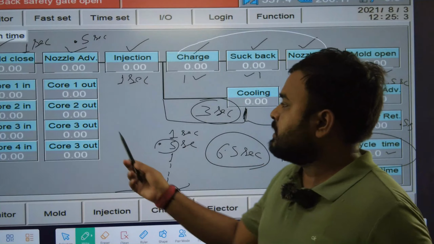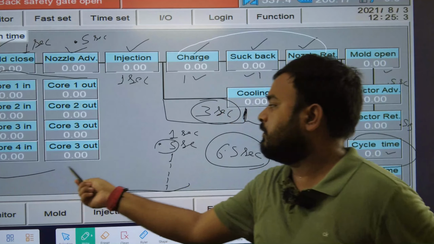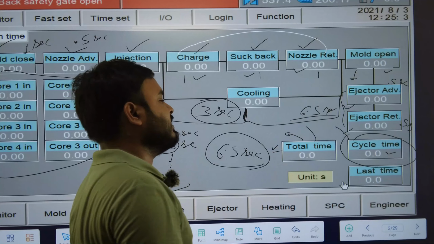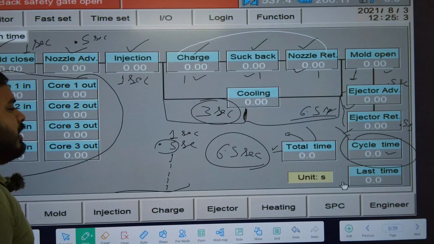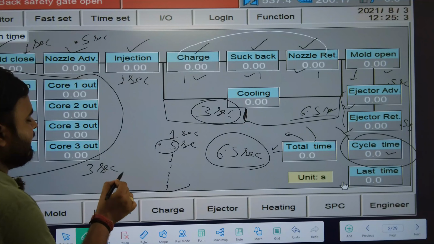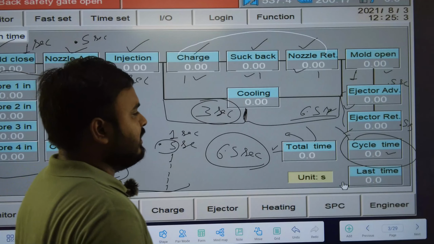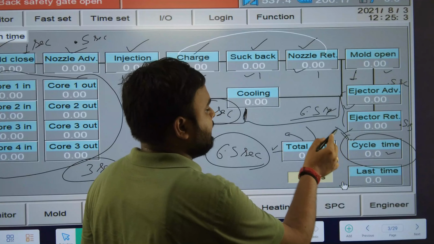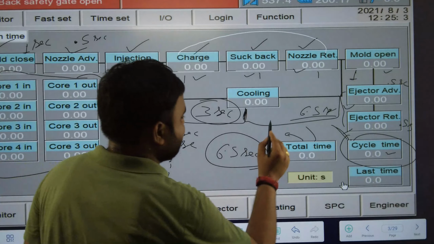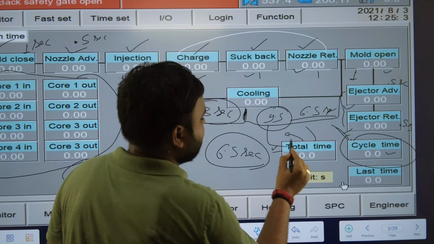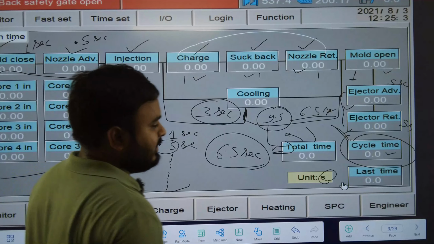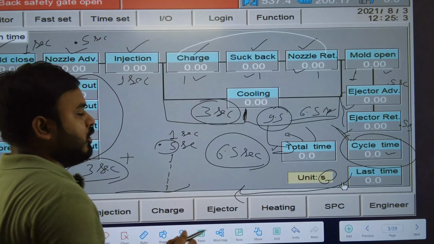Total time means that sometimes we use cores in our mold, and the core function is calculated in the total time. For example, I have given 2 cores, and they take 3 seconds in total for the in and out function. So our previous cycle time of 6.5 seconds plus this 3 seconds of core time gives us 9.5 seconds of total time, and the unit is seconds, which is why it is mentioned as S. And last time is your previous cycle time.